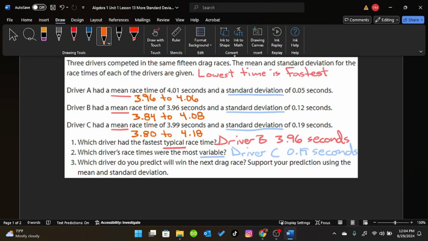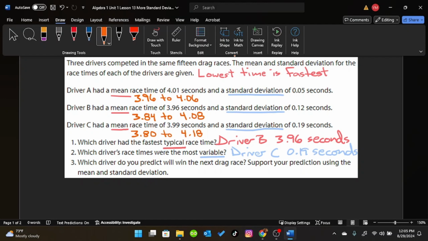So there's a lot of different ways to argue this. You might argue that driver C is more likely to win because they have the fastest time, but they also have the slowest time. You might go with consistency and say that driver A is very consistently between 3.96 and 4.06, so his worst is the best, and his best is somewhere in the middle of the other two.